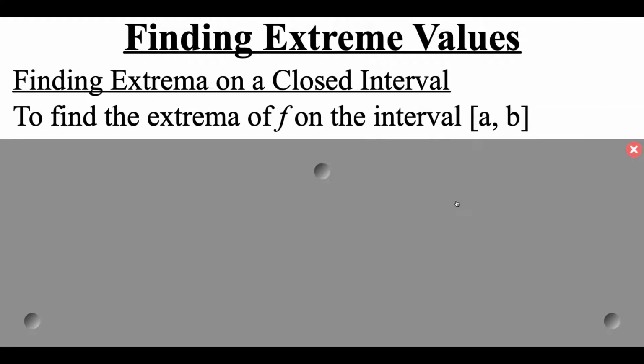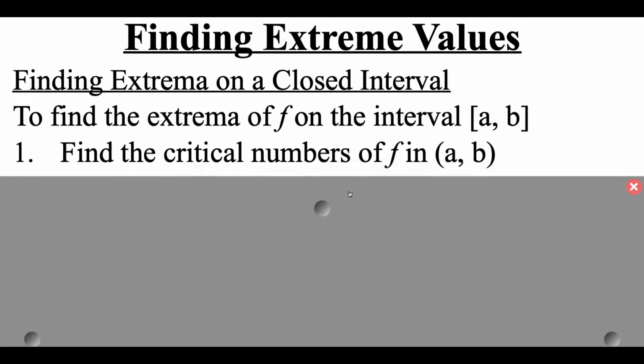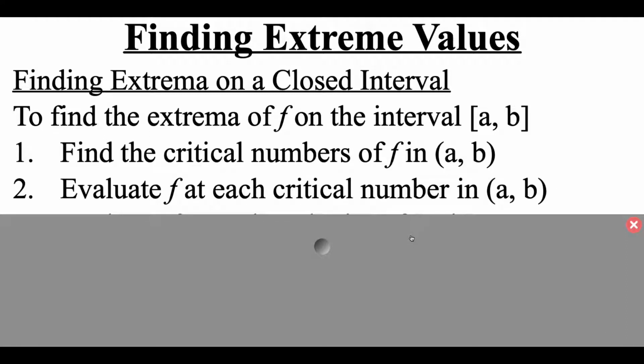Now, if we want to look at finding extreme values on a closed interval from a to b, there's a few steps that we can follow. The first thing we want to do is find the critical numbers of the function f on the open interval from a to b. We're going to evaluate the function f at any of those critical numbers that we find on that interval from a to b.